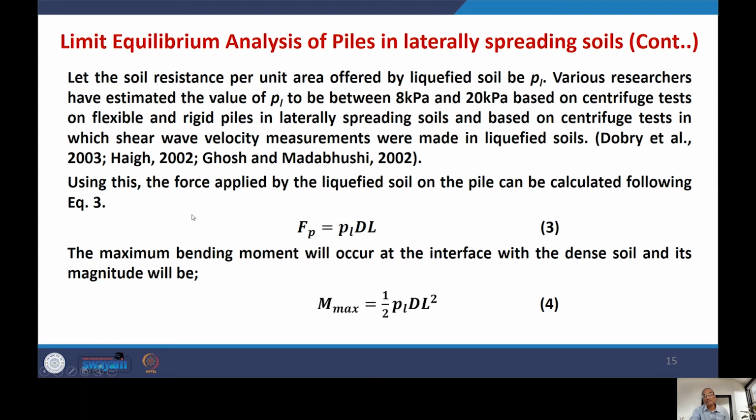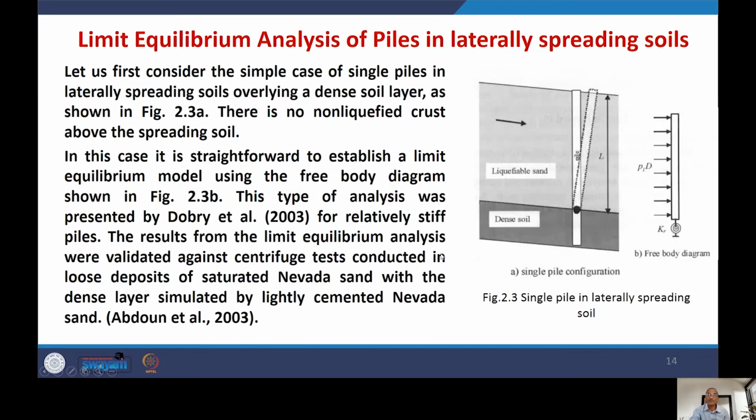Now using this, the force applied by the liquefied soil on the pile can be calculated following equation 3. What is this equation 3? Equation 3 gives the force applied on the pile, and this is PL times D times L. PL we have already discussed, that is the soil resistance per unit area. D is the diameter of the pile. L is the length or height of the liquefiable zone.